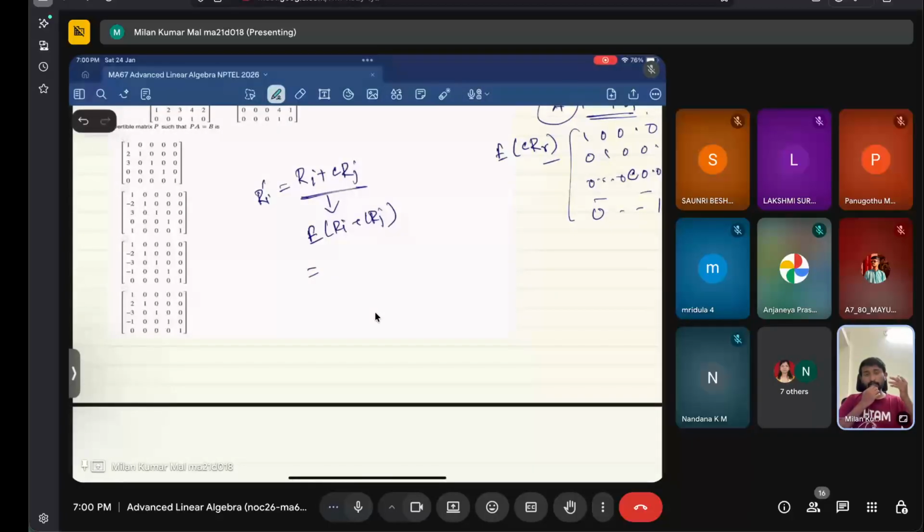So that means in the ith row, its ijth position will be C. All other entries will be as they are.